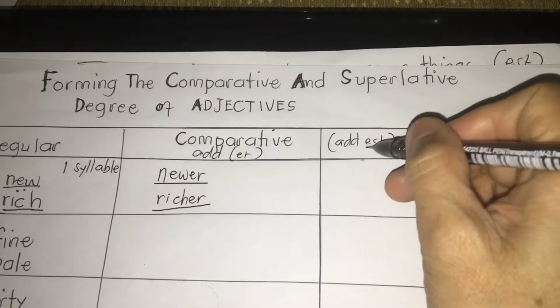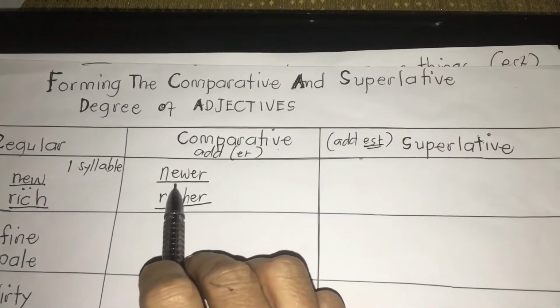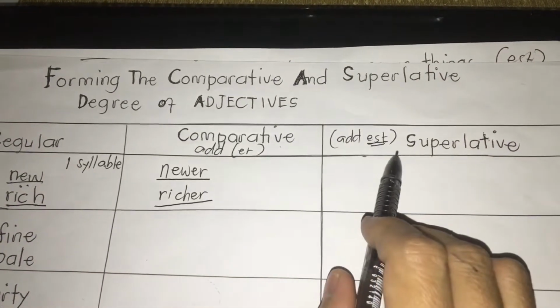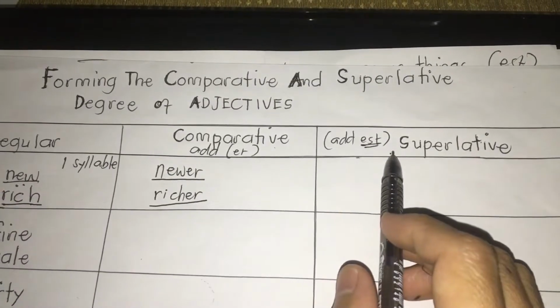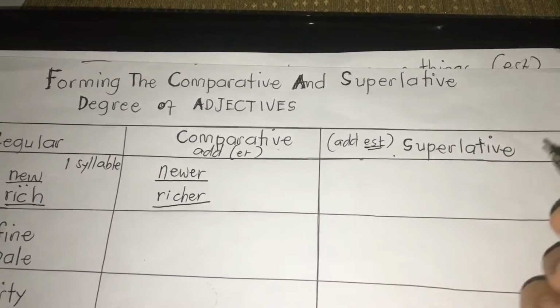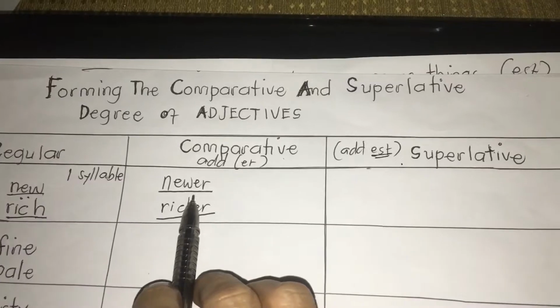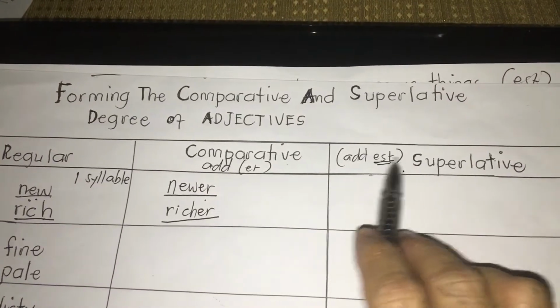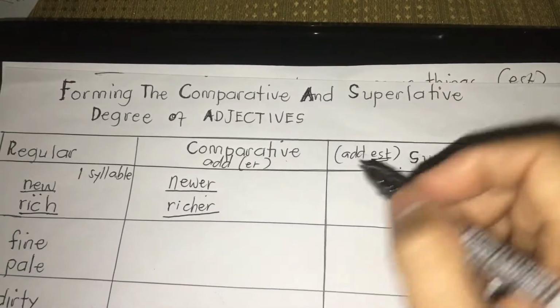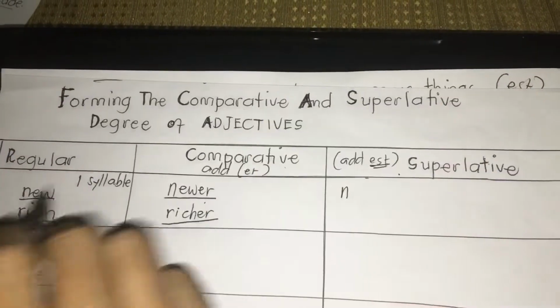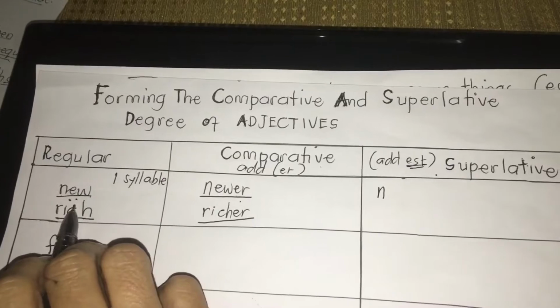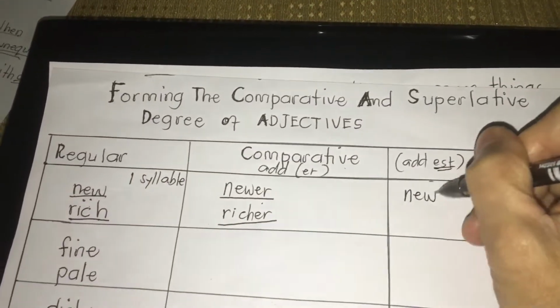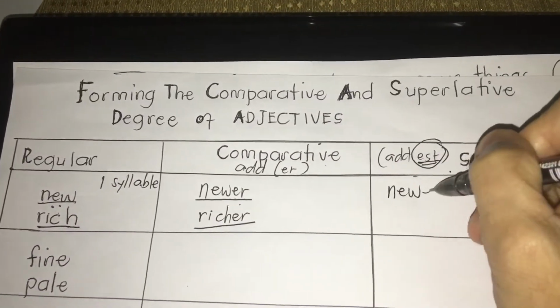We add est. Do we copy newer and then add est? The answer is no, because newer is comparative. We are going to omit er. All you have to do is write the word new from the positive or regular form, then add est, like that.